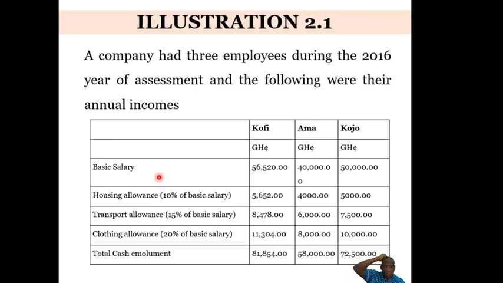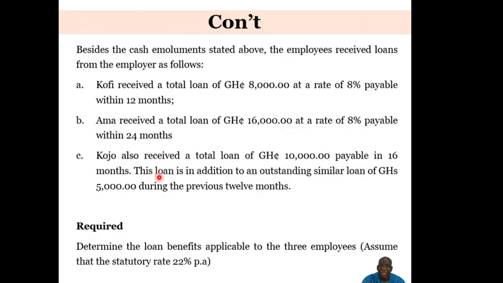And the loan is only 8,000. So it means that the loan has not exceeded 3 months of the basic salary of Kofi. Then you will see that in all the 3 cases, Kofi has satisfied the nil quantification. So in this case, when you are asked to determine the loan benefit applicable to Kofi, having come up with all this analysis, you will say that there will be no loan benefit to Kofi because quantification will be nil.